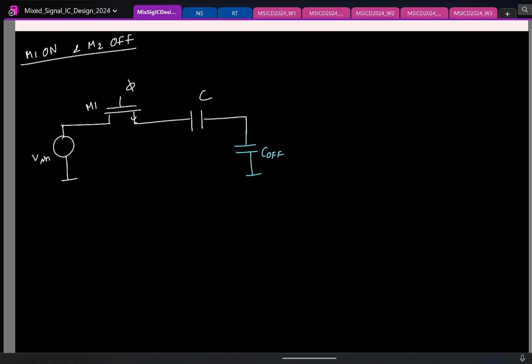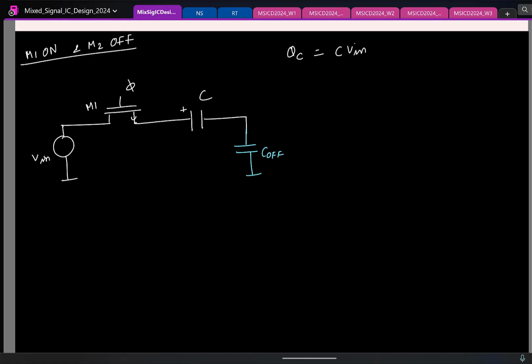So let's see what we can do. First tell me, when the switch here was on, what was the charge stored on this plate of the capacitor? C times Vin. Now when I turn the switch off, of course some channel charge from here will get added, but we will not worry about it because that is not nonlinear.